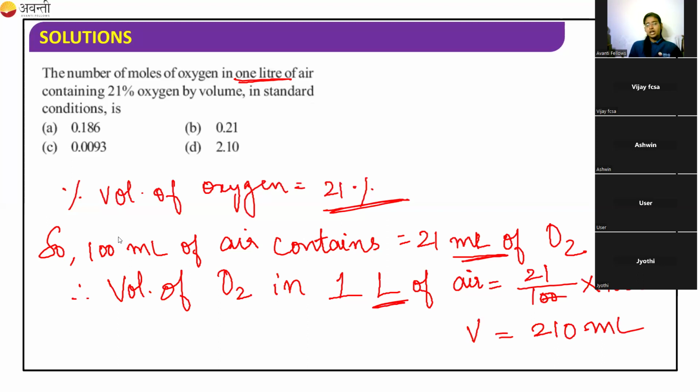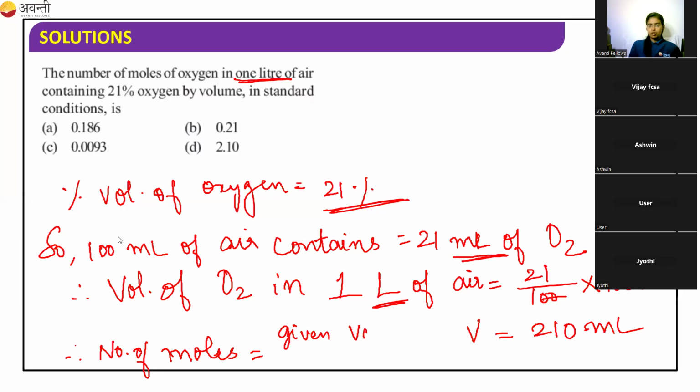But in the question, we are asked to find out the number of moles. Number of moles in terms of volume is calculated using one formula that we did not discuss. Now here I am giving that formula, take it down.